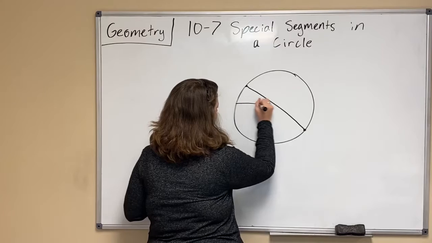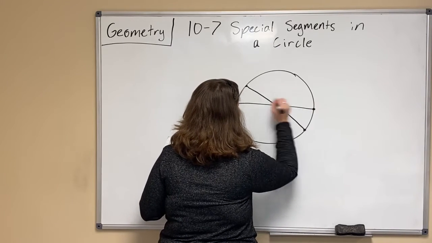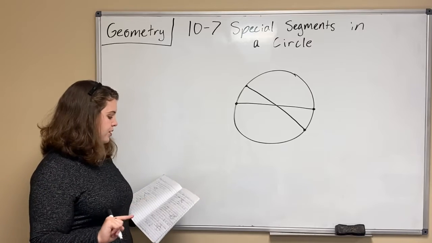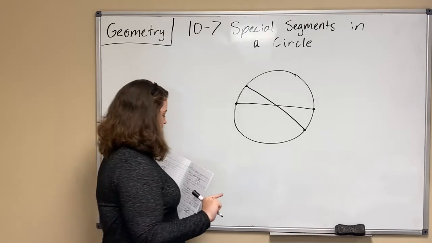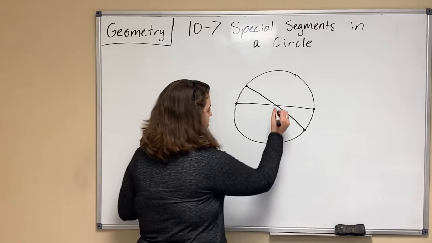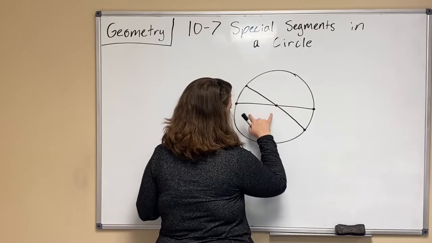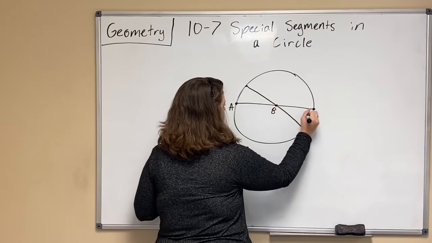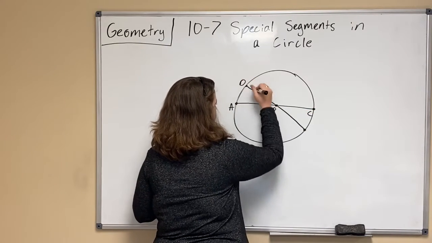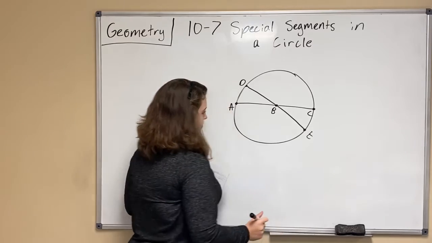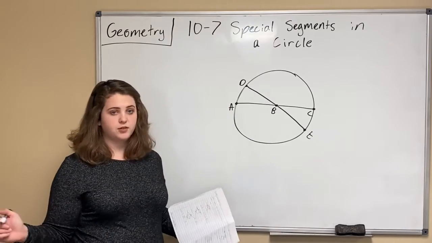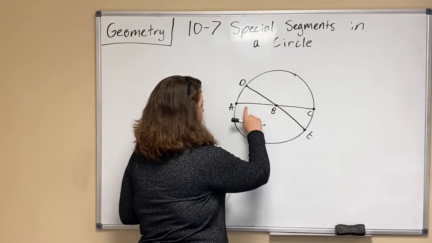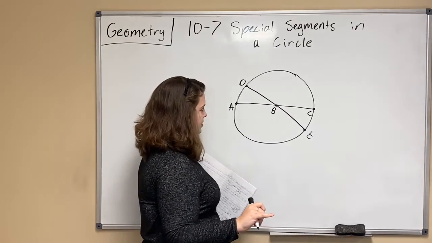So if I have two chords that intersect, what I know about these two chords is that, first, they're splitting each other into two segments. So if this chord is A, B, C, and this one is D, B, E, one chord is splitting another chord into two segments. This one is splitting this one into two segments.